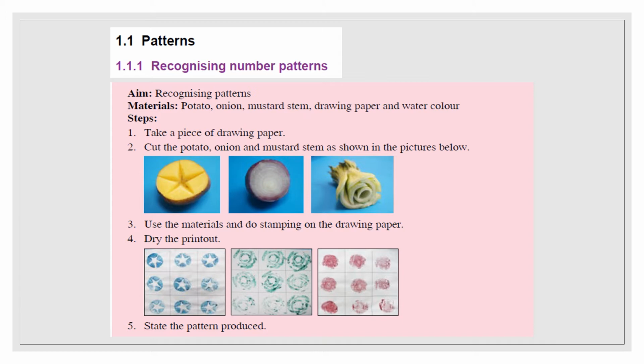Usually in pendidikan seni class or perhaps science class. From this activity, you are producing a different type of pattern from a different object in your surrounding. What is pattern? Pattern is repeating shapes or numbers arranged based on rules and design.